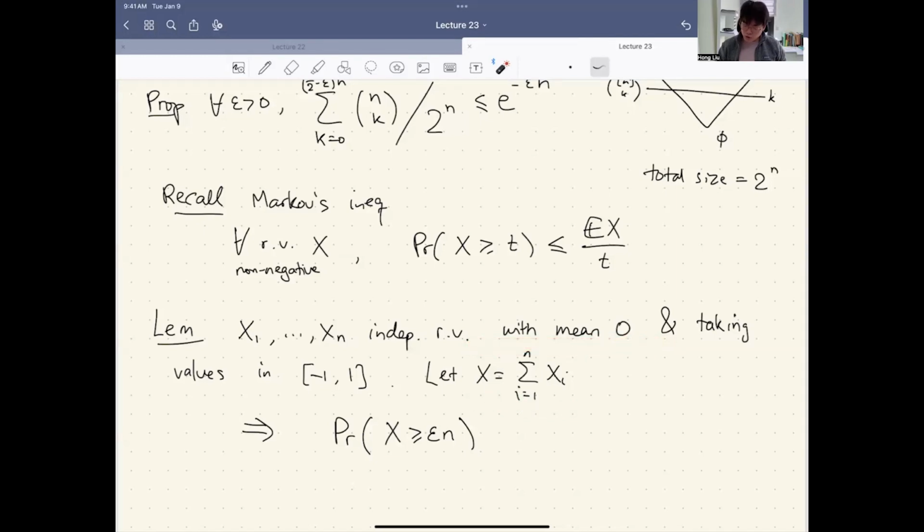So we want to show that x is highly concentrated around its mean 0, that this probability is small. It actually has an exponential tail. The probability that x deviates at least epsilon n away from the mean is exponentially small in terms of n. So we have epsilon squared n over 4, say.